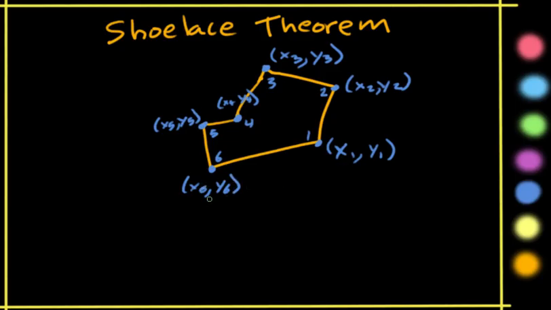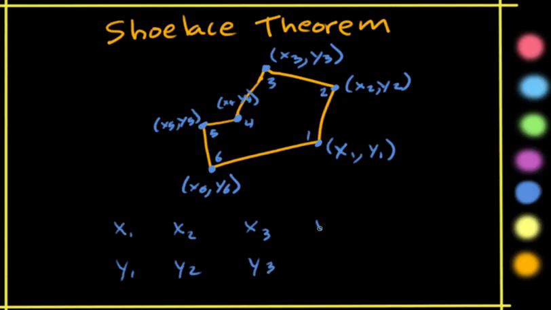Okay, so say you're given all these coordinate points and they ask you the area. What you do is you write down all those coordinates in a pattern that looks like this. So you write the x1 value here and the y1 value right below it. Then you write x2 and y2. Then you write x3 and y3.